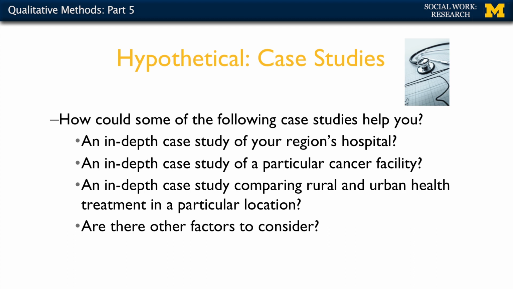You might also find a different case study that compares rural and urban health treatment in a particular location. It probably won't be your location, but nonetheless, it could help provide rich information about why there might be this disparity generally between rural and urban, why that might surface in that particular location, ways that might actually provide some insight about what might be driving some of the disparities here.